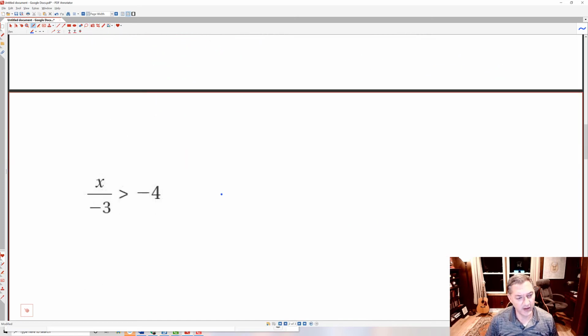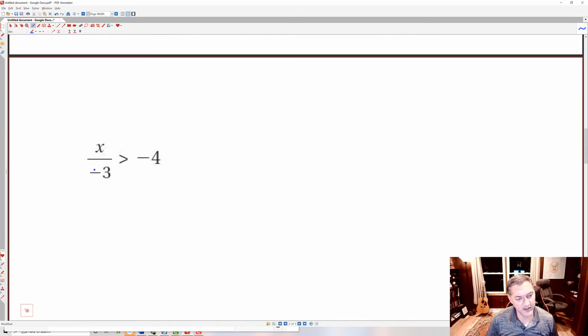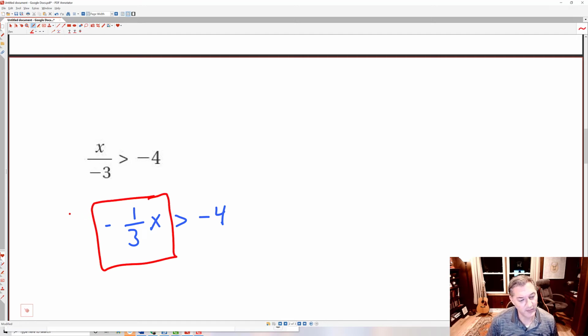For the next one here, again, the coefficient is negative, so I'm going to have 1 over 3 negative, and then x is greater than negative 4. Right now they're both negative, right? But when I box the coefficient and multiply by the reciprocal, I'm going to multiply by negative 3 over 1, multiply this by negative 3 over 1.